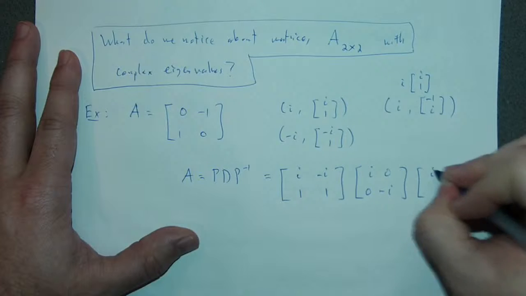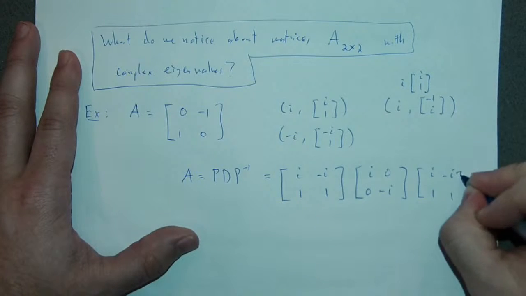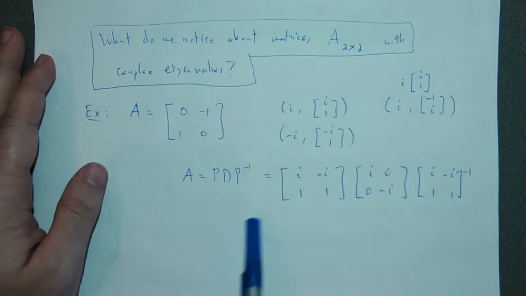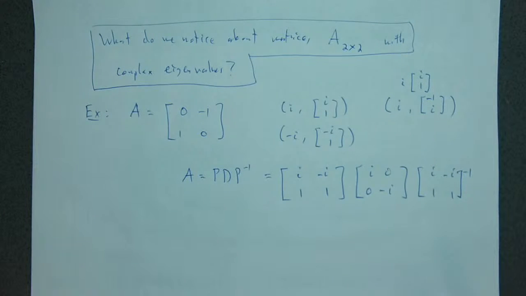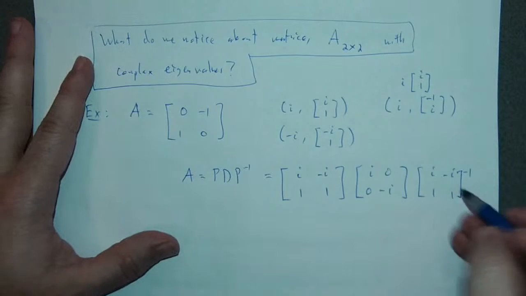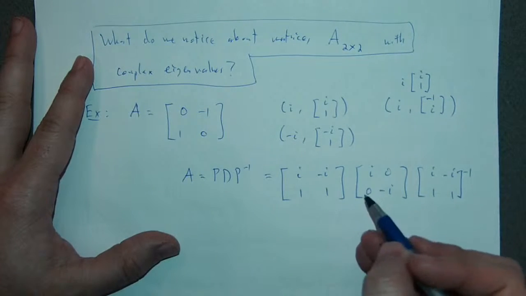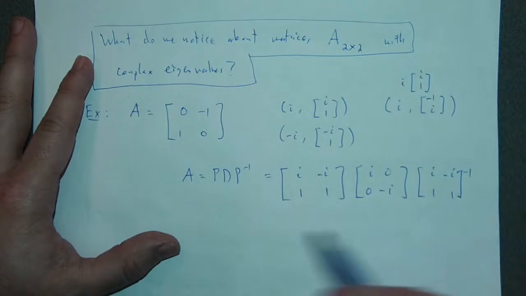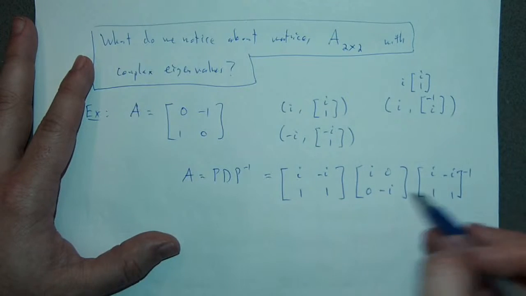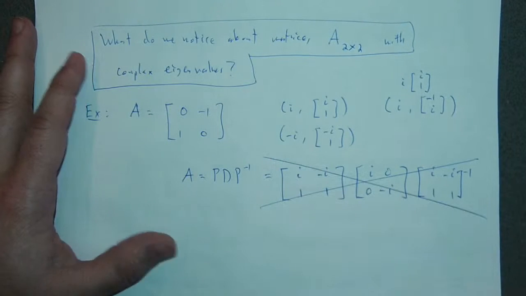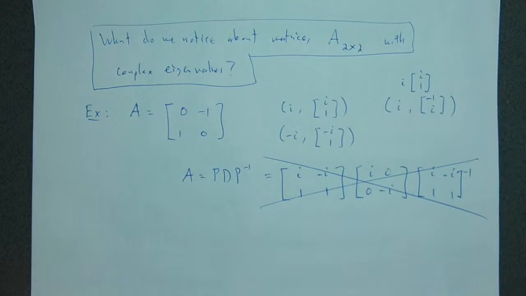Like, what is this? You can't do this. Included in our diagonalization was not any description or discussion of complex stuff showing up here. In fact, this is no good.